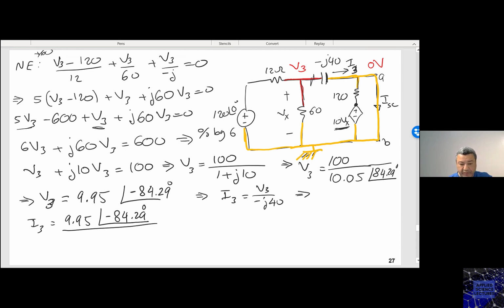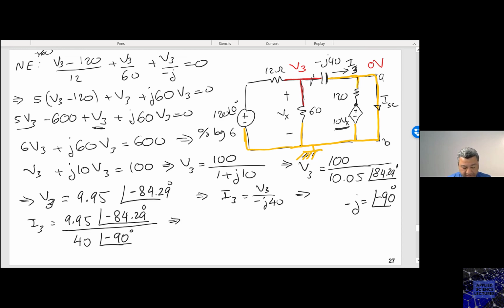I can convert it to polar: 40 angle minus 90 degrees. Why? Because I know minus j is minus 90 degrees as a complex number.